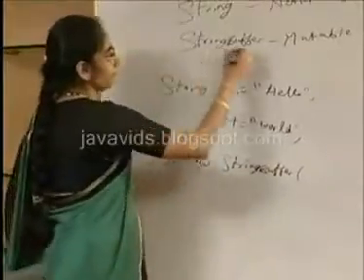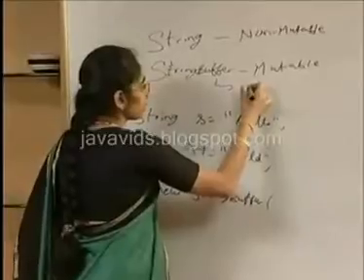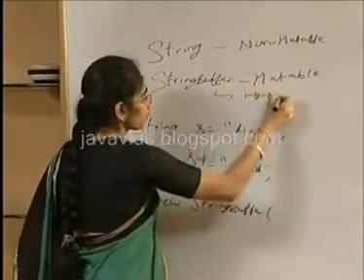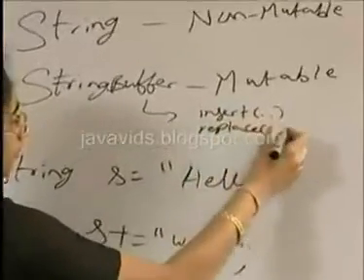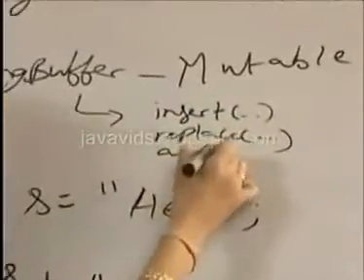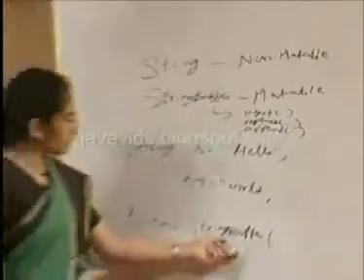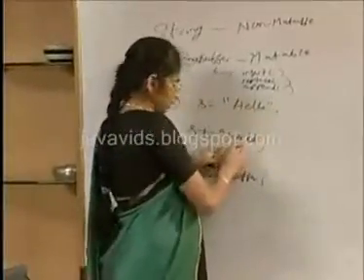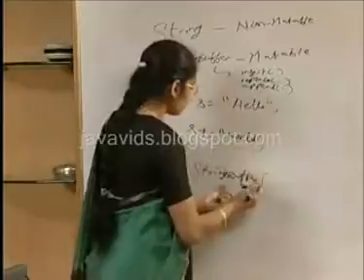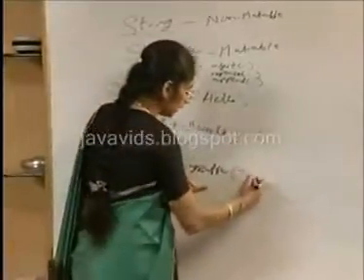Now the StringBuffer class has methods like insert, replace, append, etc. So in this case what's happening is we are attaching to hello the world string. So the StringBuffer object is created with the content hello.